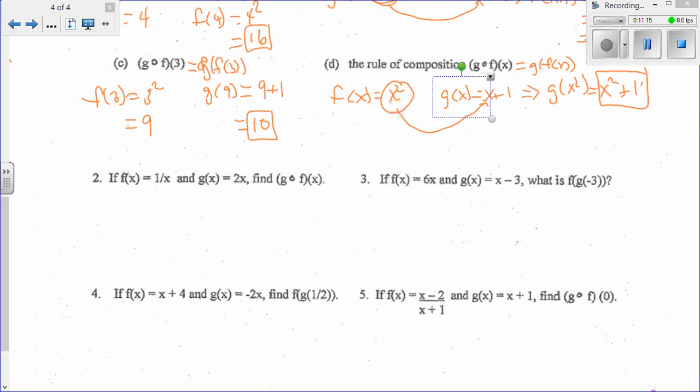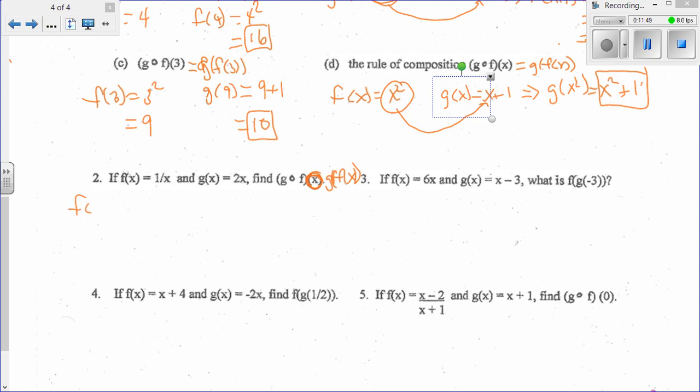Okay? For number 2, if f of x is equal to 1 over x and g of x is equal to 2x, find g of f of x. So g of f of x means I'm going to take f of x first and substitute it into g of x. And because this here is an x, that means I'm finding a rule, and I'm going to have variables in my answer.